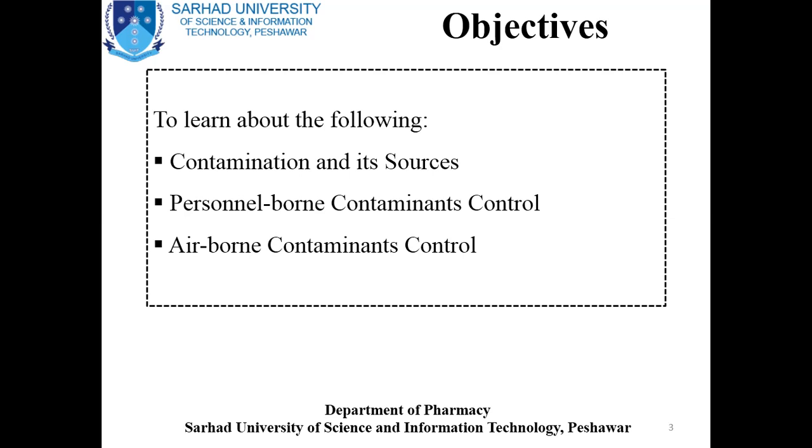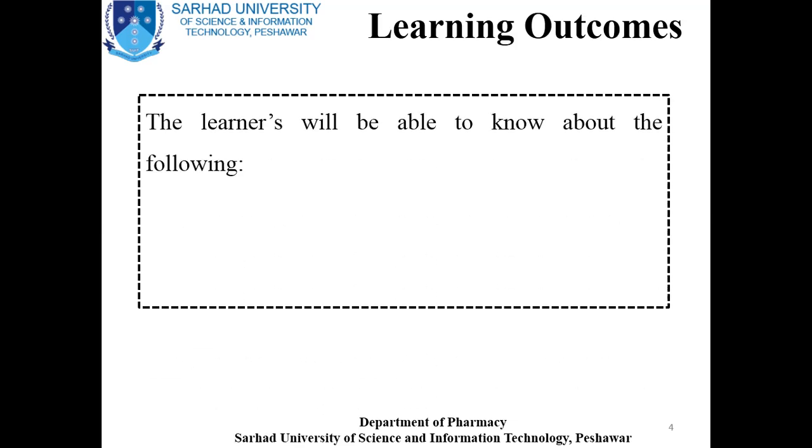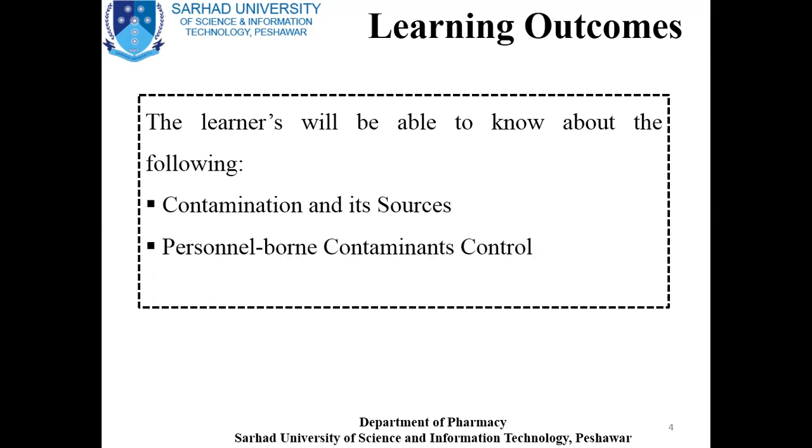In the final part of this lecture we will discuss airborne contaminant control, and how contaminants caused by the air are controlled. Dear students, after the completion of this lecture you will be able to learn about the contamination and different sources of contamination in the pharmaceutical industry, as well as personnel borne contamination control and airborne contaminant control.